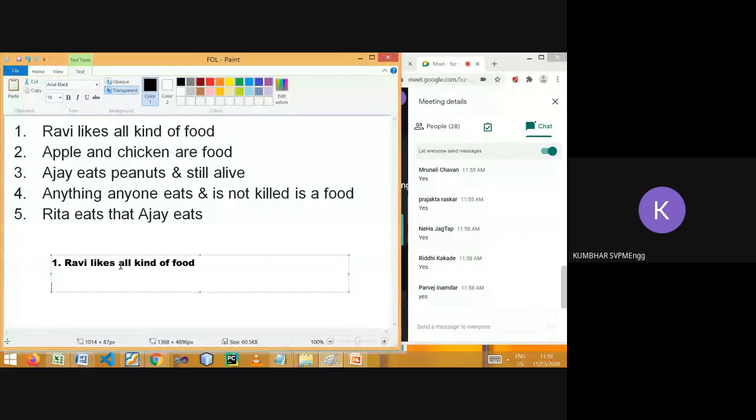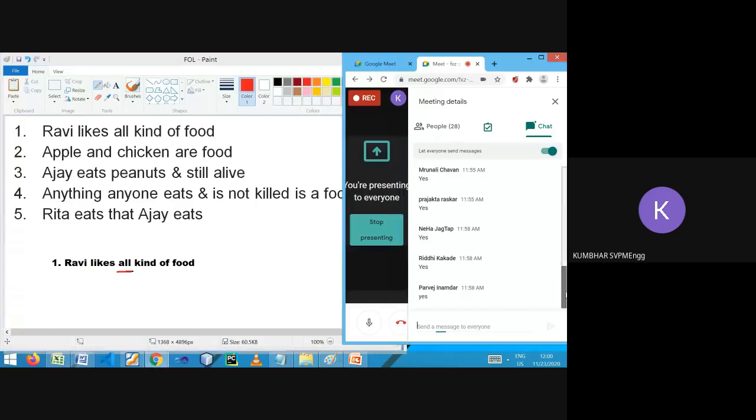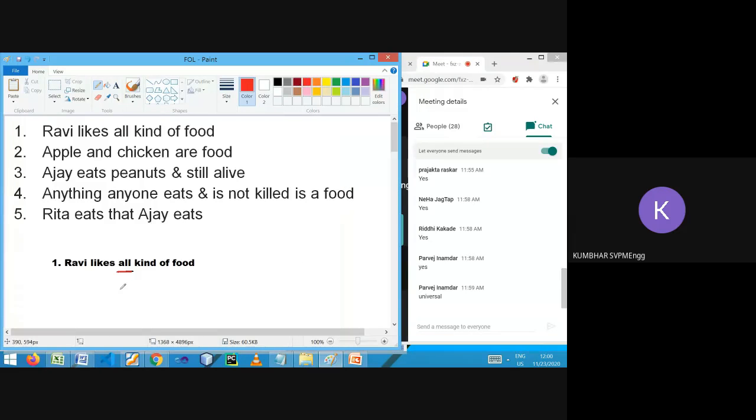Now, as the word all came here, which quantifier do we have to use? All means, can anyone tell me which quantifier we should use? Two quantifiers we have seen, universal and existential. Yes, Parvez is saying correct, universal.